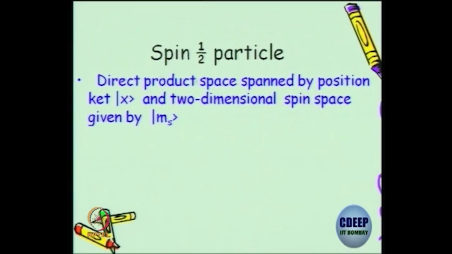The direct product space or tensor product space is the physical space multiplied by its internal space for the spin-half particle. Okay. The internal space, ms, will be upspin or the downspin, that is the notation. Okay. So, let me write it for you.